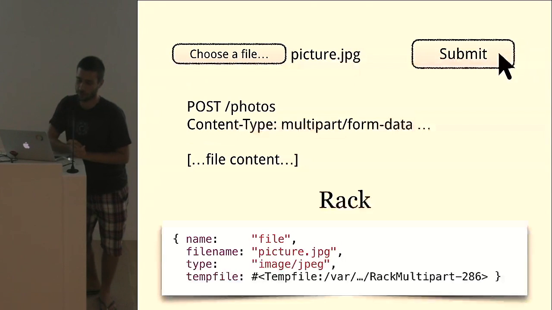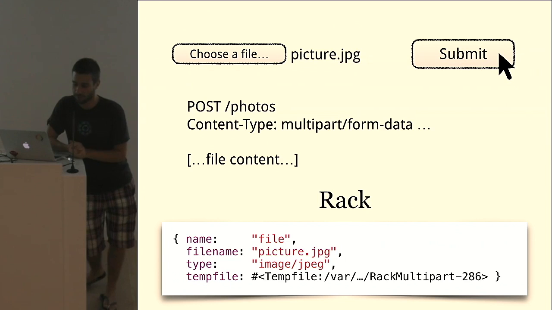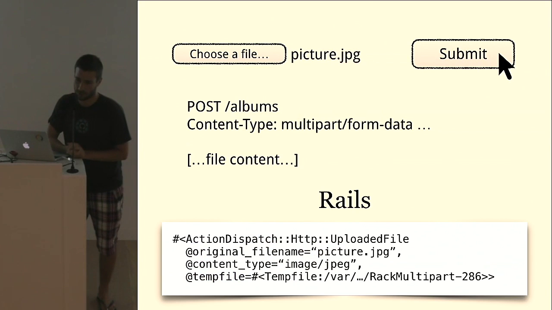On the server side, since most of us are using Rack-based web frameworks, Rack will detect the file and present it as a hash. But you're probably most used to seeing this in Rails wrapped in an uploaded file object, which just wraps that hash that I showed before.